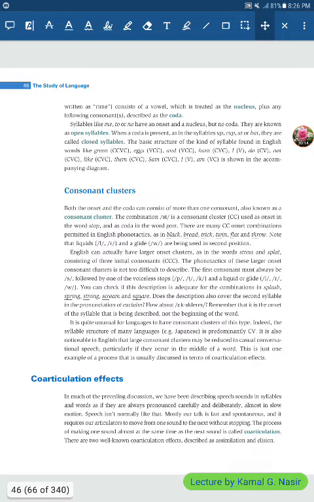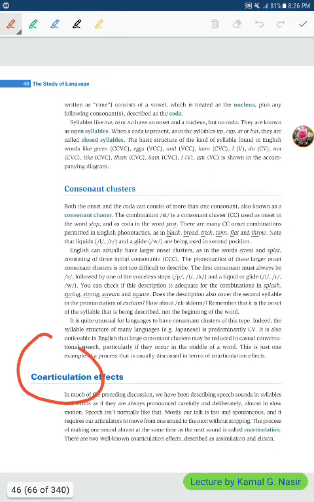There is a certain effect which came as a result of co-articulation. Co-articulation means one sound helps another, or one sound affects another. You see? This is called co-articulation.